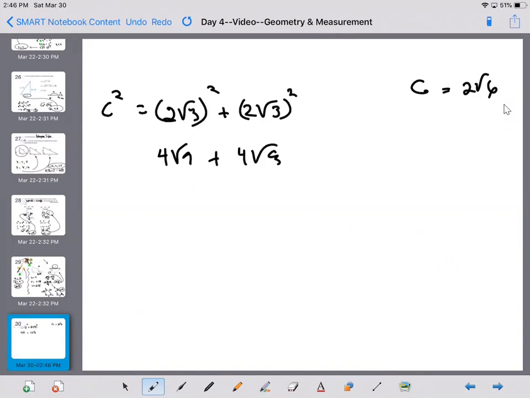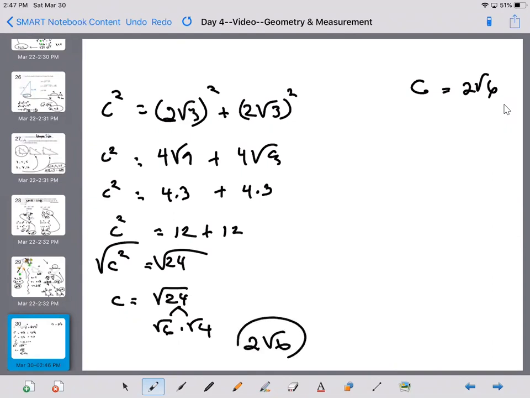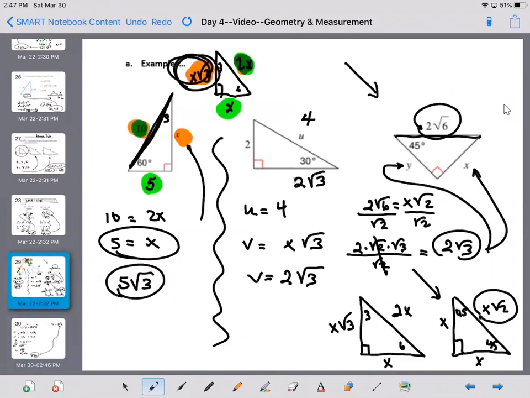Well, 4 times 3 plus 4 times 3, so that's 12 plus 12, which is 24. Take the square root of both sides, and you get the square root of 24, which simplifies to the square root of 6 times the square root of 4, which is 2 square roots of 6. So we're just using the relationship of what we know.